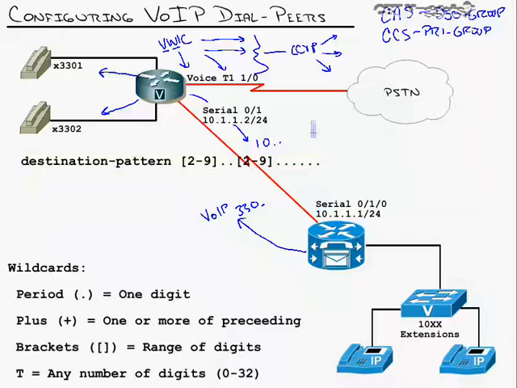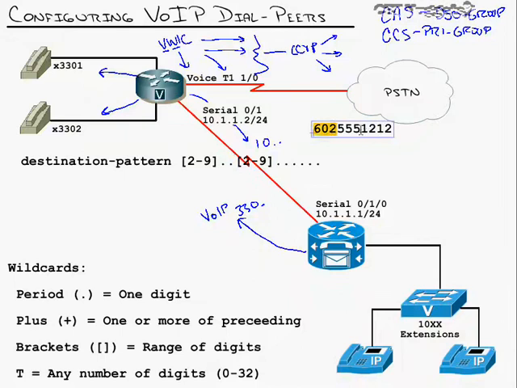So for example, a number that I might dial in my area code is 602-555-1212. The 602 right here matches the first 3. It'll always be 2 through 9 for the first digit because 1 or 0 will not be used: 1 is used for long distance, and 0 is used for the operator as the first digit. And it will always be 2 through 9 for this third digit, the local prefix. So first 3 digits, 2 through 9 ... That matches 602.